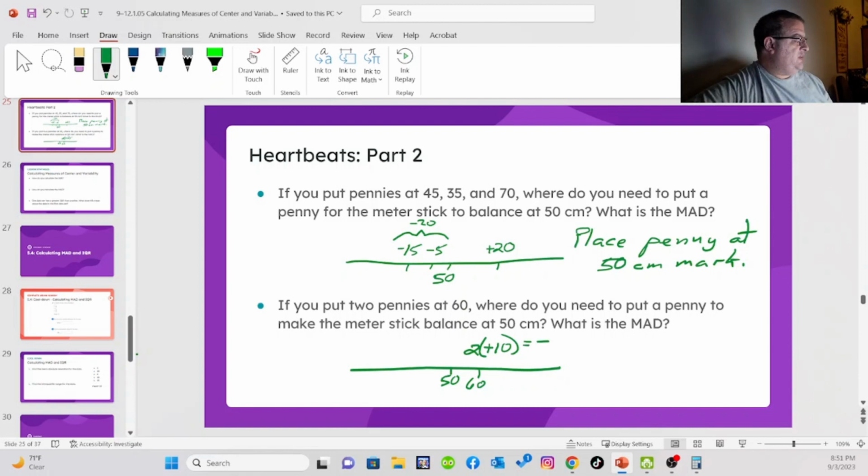So that's going to be a total of plus 20. Now I need to balance this, so I need down here to be negative 20. That means I need to place a penny at the 30 centimeter mark so that I'm negative 20 down here and I'm plus 20 up here to balance them.